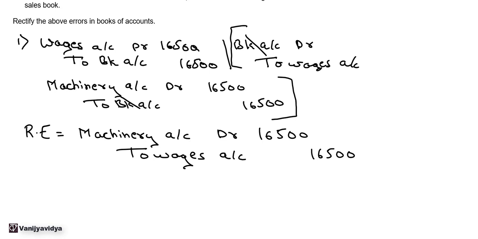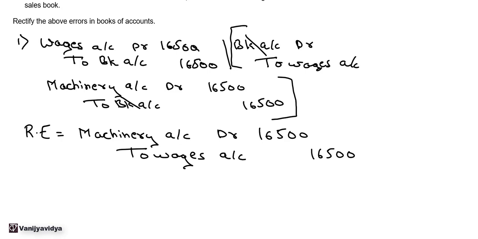So there is an addition in your machinery by 16,500, and in wages account we have reduced 16,500 since it is not a normal wages, so it is not considered as a normal expense. Now if you look at this, this is known as an error of principle, that is the journal entry is posted as an expense instead of an asset. So this is error of principle.